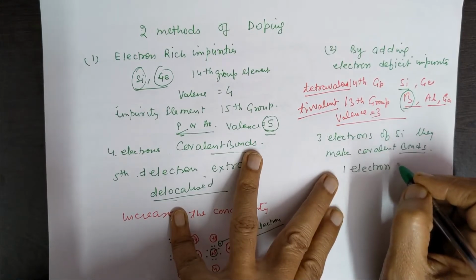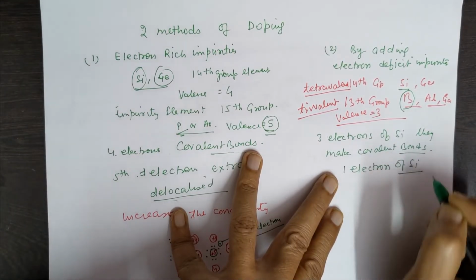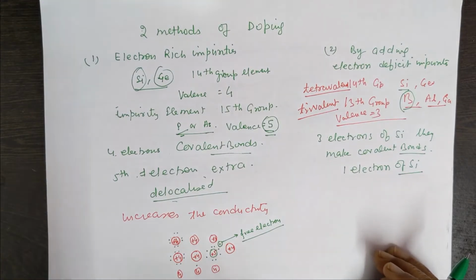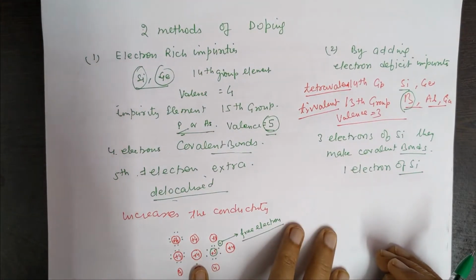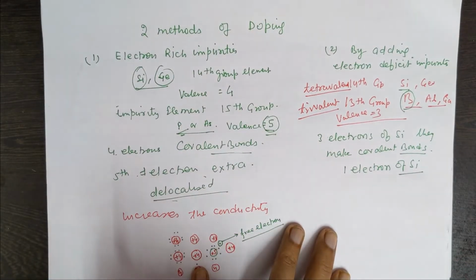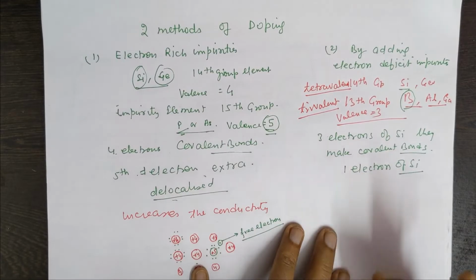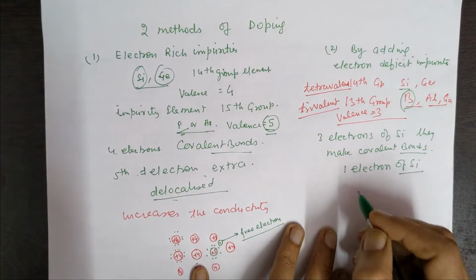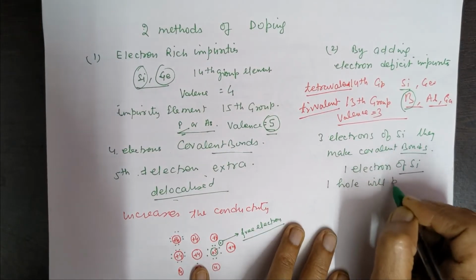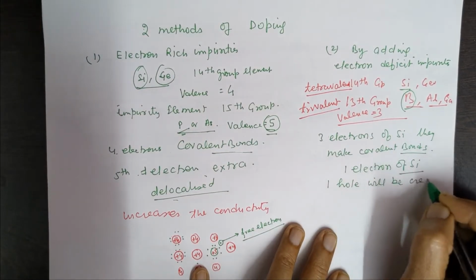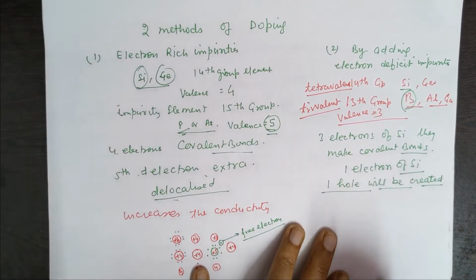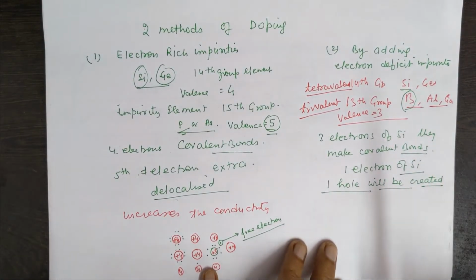But one electron of silicon will not be paired, and in that place one hole will be created. How? Let us see.